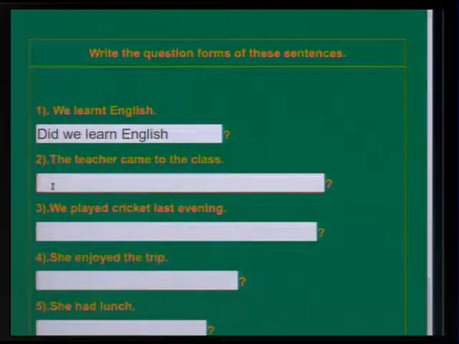Second, the teacher came to the class. Did the teacher come to the class?